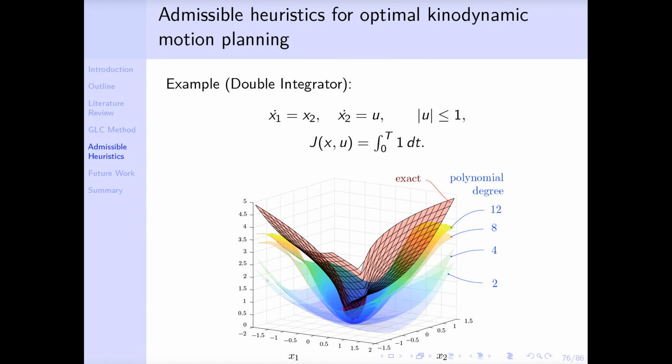As we increase the degree of the polynomials in our finite dimensional basis, we have a richer approximation of the space of differentiable functions, so we get a better approximation of the optimal cost to go. And then we also have a certificate that proves that the output of this optimization is an admissible heuristic.